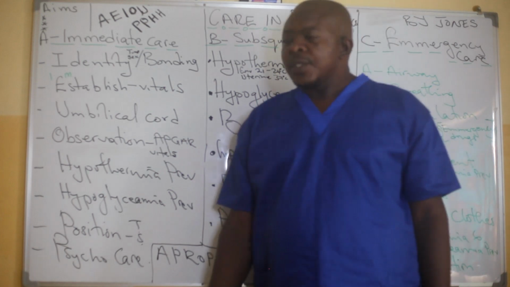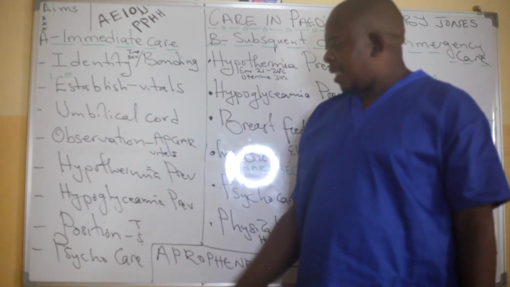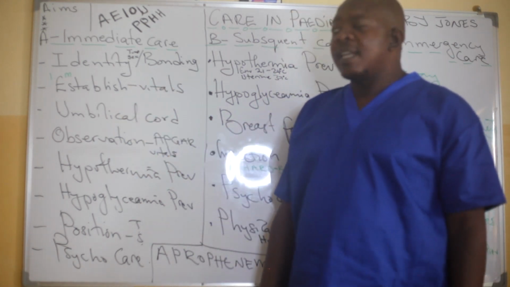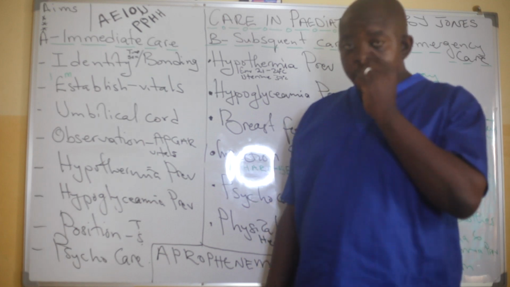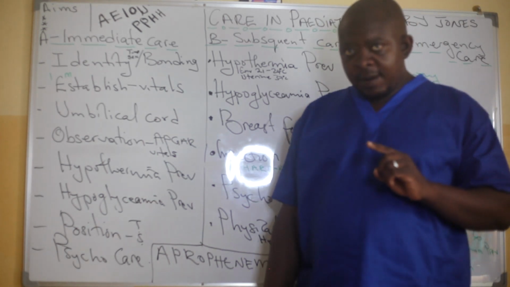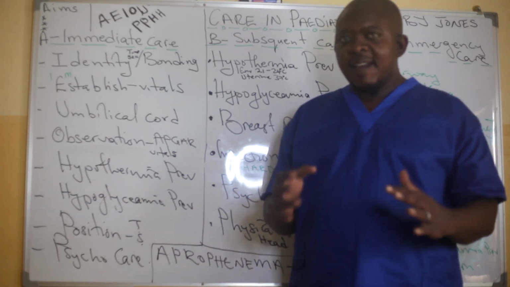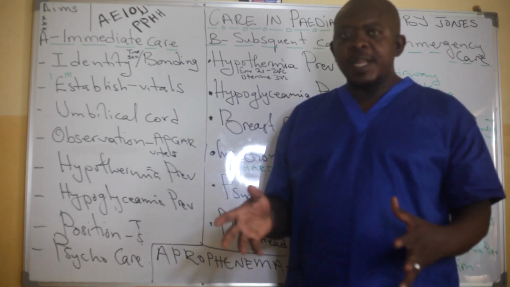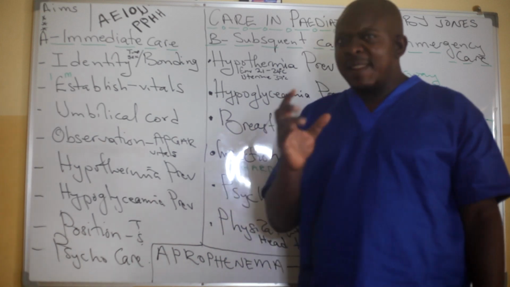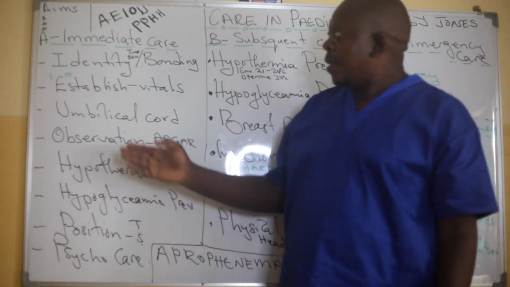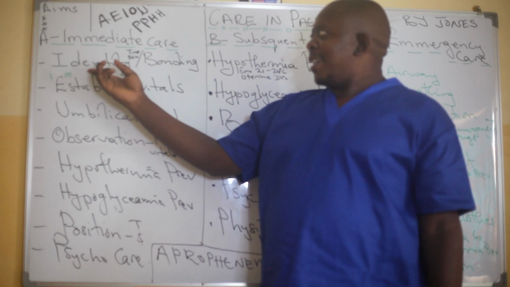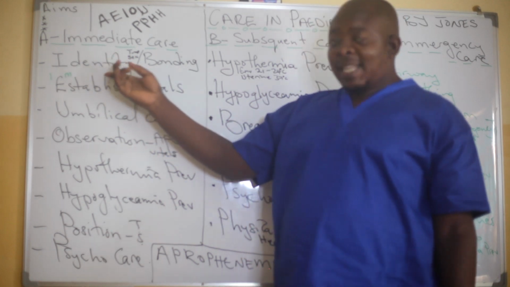Okay, so now in looking at the immediate care of the newborn, I've come up with elements that we can use when we are caring for this infant or for this neonate. What are those elements that we need to look at? The first one is identity and bonding.